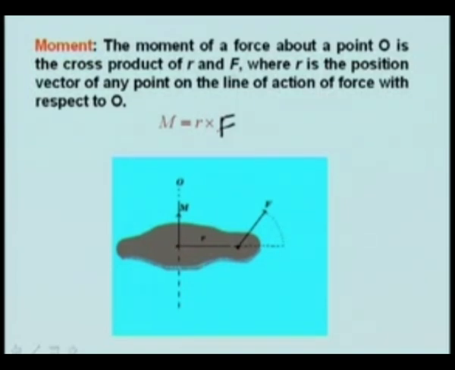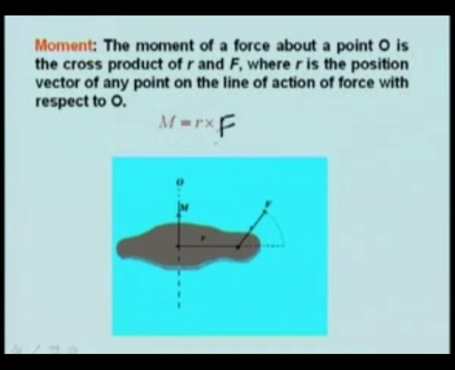From here I join this point, then this becomes my position vector. I could have taken any other point also. In that case, the position vector will change. However, when we find the cross product R cross F, then we should get the same vector. So this is M is equal to R cross F.